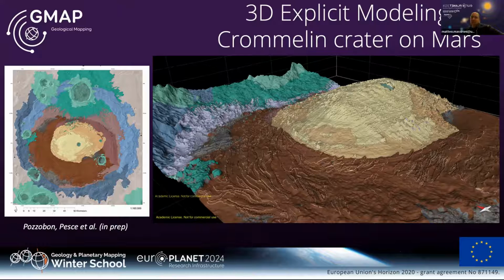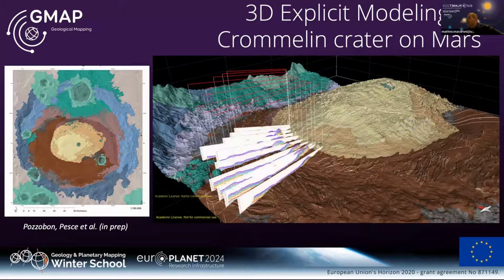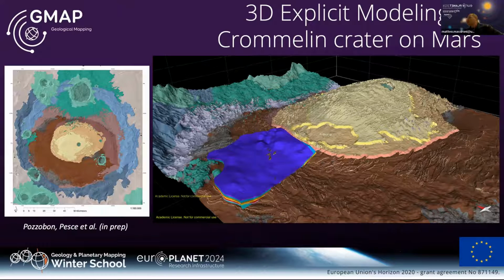In this way, it was possible to make geological sections like these ones, in series, and as in the case of the Rembrandt basin, it was possible to interpolate these planes all around this sector of the basin and create a 3D model of the stratigraphic sequence itself.